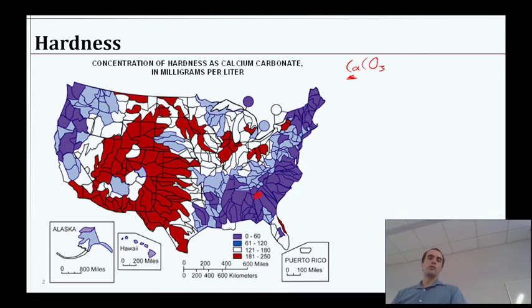You don't really need to know too much about that. I'm just describing what's here. So we've got 0 to 60 is pretty soft, whereas very hard is 180 to 250 milligrams per liter calcium carbonate. I then spent a couple years in Michigan, right in this little area, and you can see maybe I had hard or very hard water.